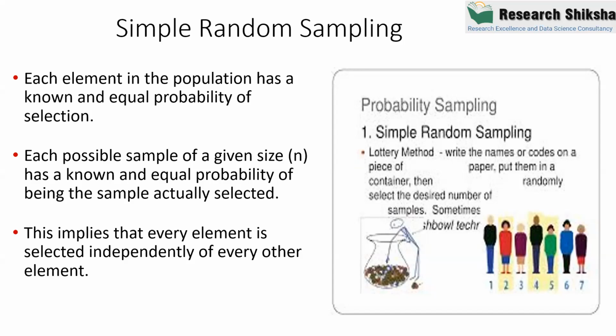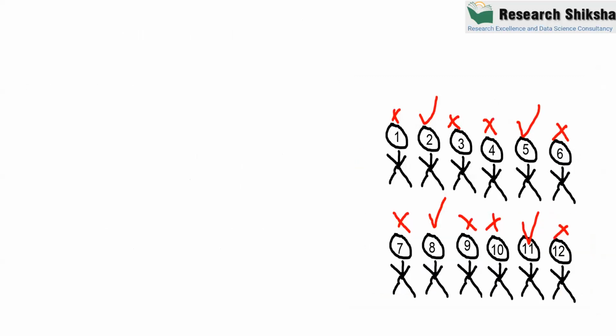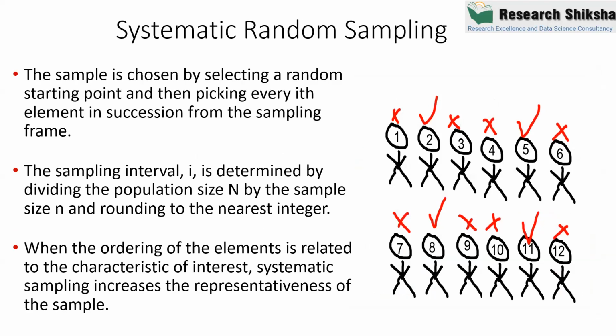Simple random sampling means you apply an Excel function, and whosoever comes out, you collect the data from there. So simple random sampling is based on the computerized lottery method, and it's just a simple lottery method.